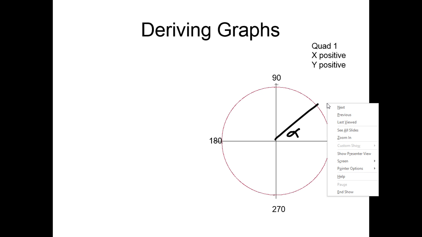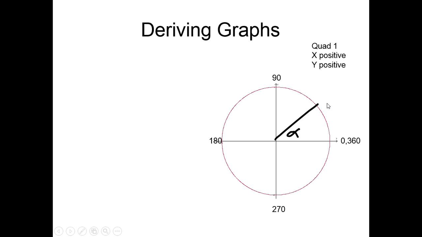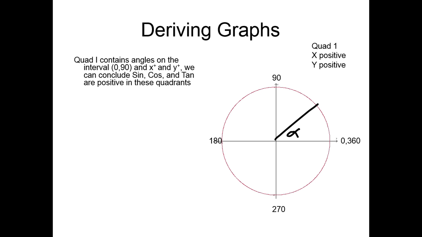Quadrant 1 contains angles on the interval from 0 to 90. X is positive, y is positive, so sine and cosine are both positive. Tangent, being the ratio of those two, is also positive.